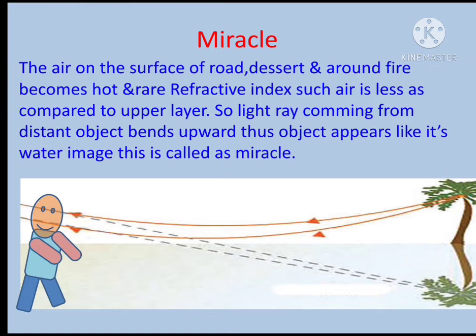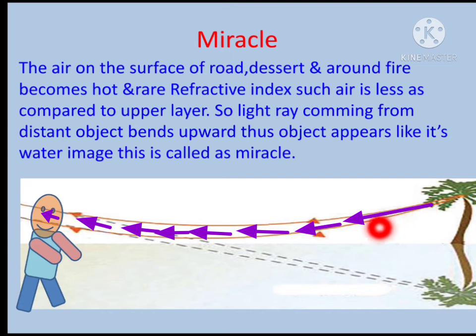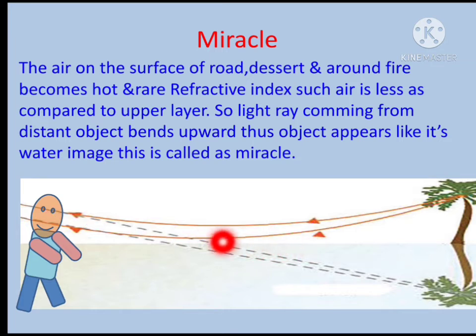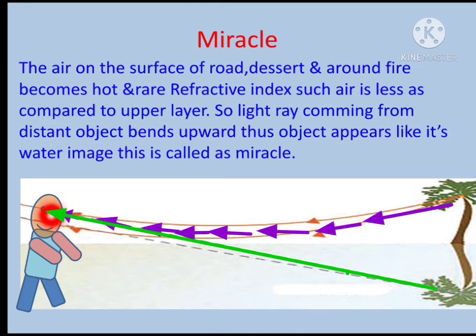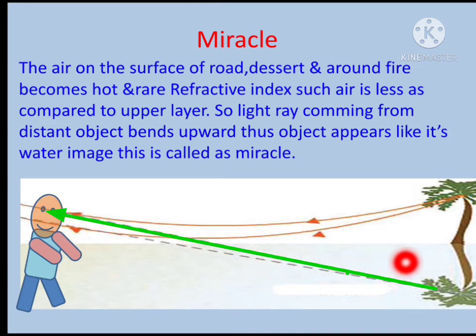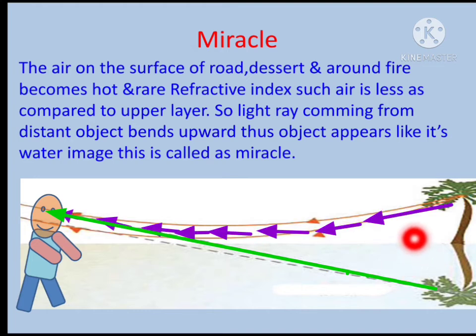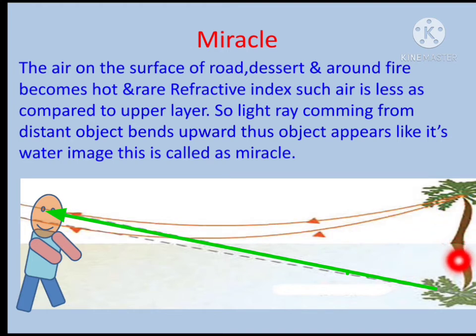For example, rays coming from this tree, when entering into this air having less refractive index, turn upward like this. So we feel the rays are coming from this point and the tree appears like its inverted image. This is called a mirage.